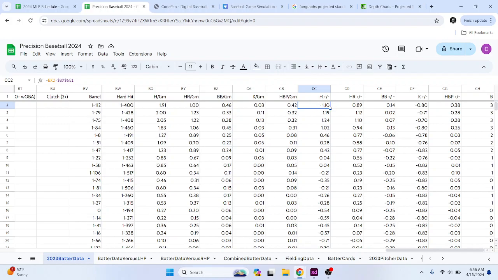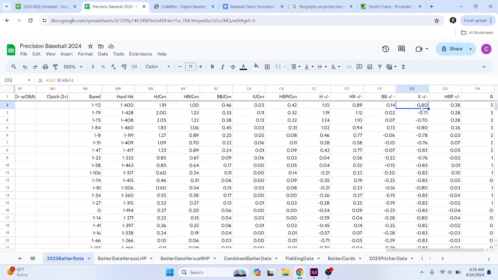So he's 1 hit per game better than the average, a little more than a hit per game better than the average, which makes him a better player, right? So that's kind of how I'm thinking about this. When you have positive numbers in these 3 and in this one, that makes him better than the average player. If he's striking out less than the average, that should make him a better player, right?